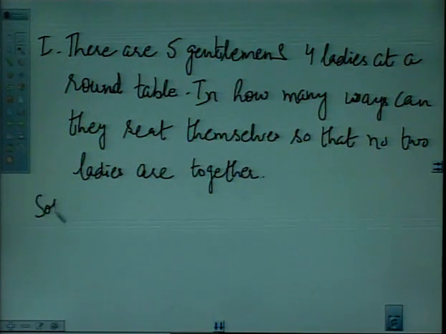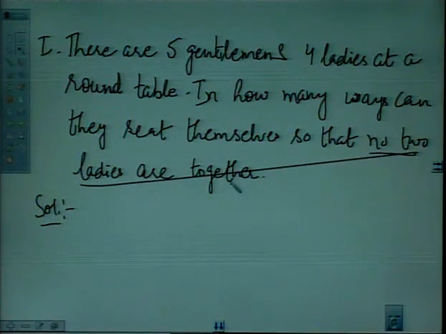Let us first read the statement. There are 5 gentlemen and 4 ladies. We are to make them sit around the round table. In how many ways can they sit themselves so that no two ladies are together?